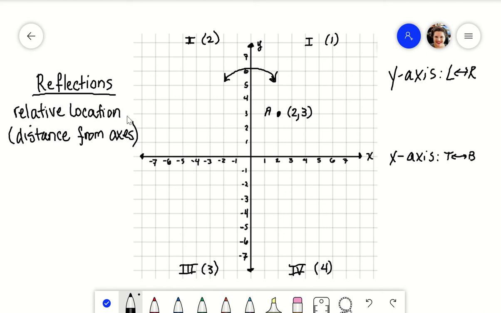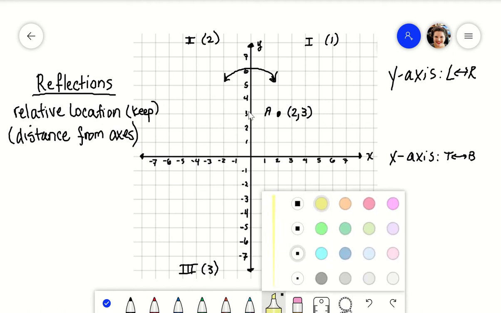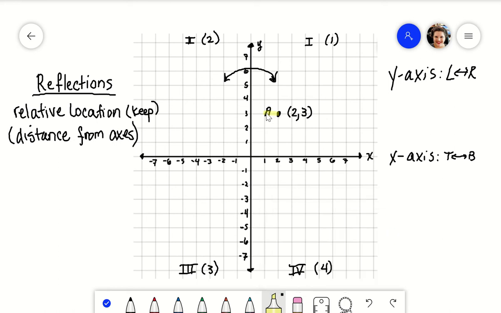So when we talk about relative location, we're going to preserve the relative location. So we want to keep the same distance from the axes. Currently you'll notice that this point A is 2 spaces, 1, 2, away from the y-axis.